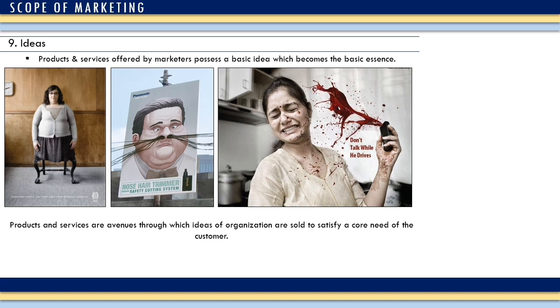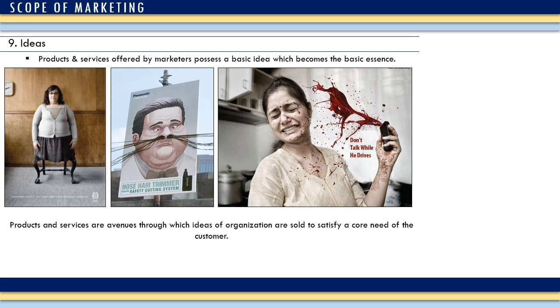She would have probably called her husband to find out at what time you are coming, what it is that you want to eat, what should I prepare, and it is trying to communicate an idea to the citizens that please don't talk when somebody is driving, or please don't use mobile phones while driving. It is not selling any product or service here, but the whole purpose is to communicate the idea of driving safely and not using the mobile phone at the time of driving.